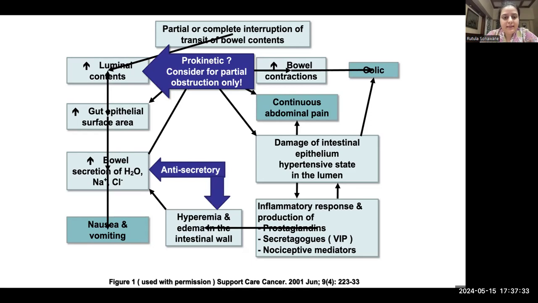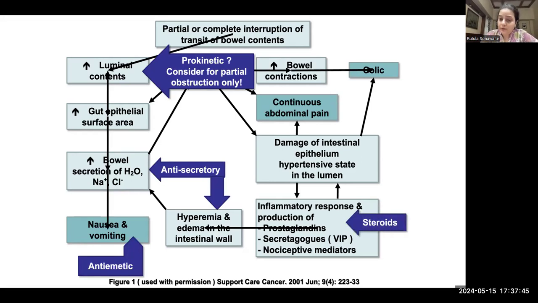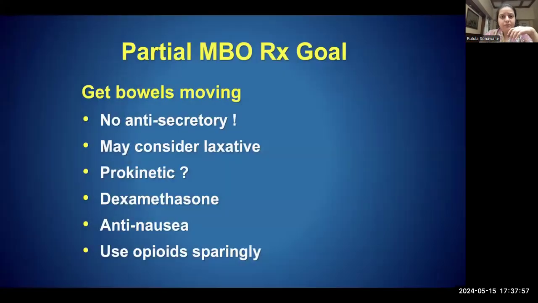Then anti-secretories would help with decreasing the secretions into the lumen and also decrease the edema. Then antiemetics would help with the nausea and vomiting. Steroids would help with the inflammatory process, and analgesics would help for the colic and the abdominal pain. So these are the major areas where you want to focus to manage a bowel obstruction.